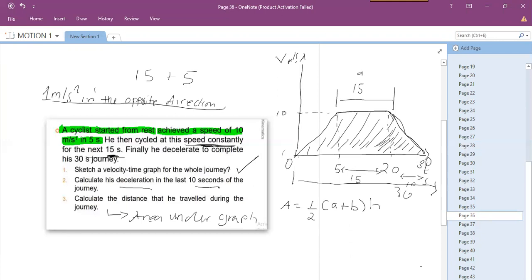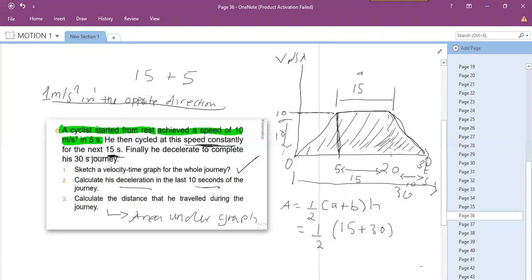The height of the trapezium is this length here, and that length is 10. So you have everything. You just say area is half, open brackets, the short side 15, plus the longer side 30, multiplied by the height, which is 10.